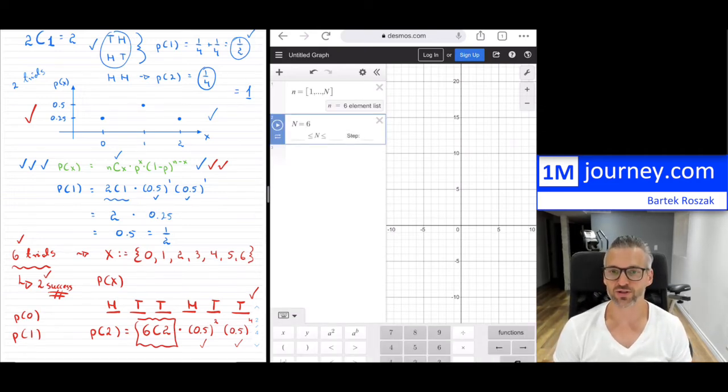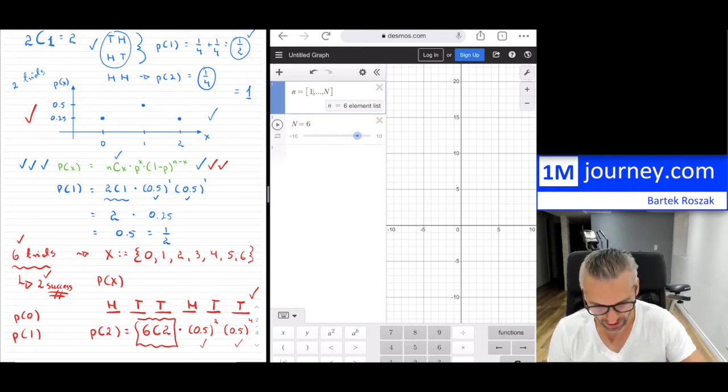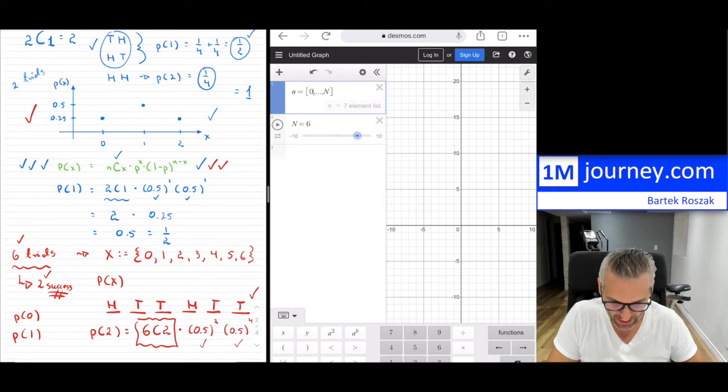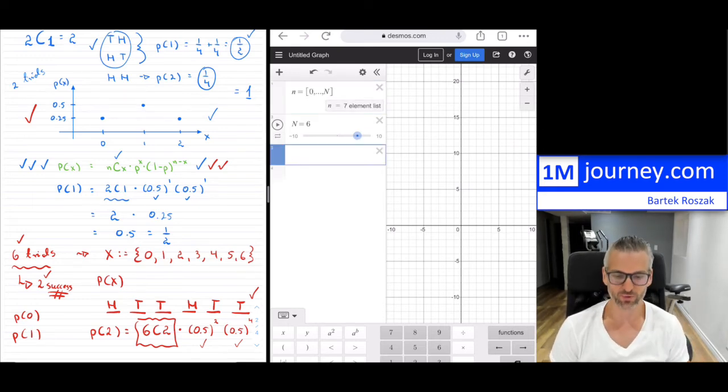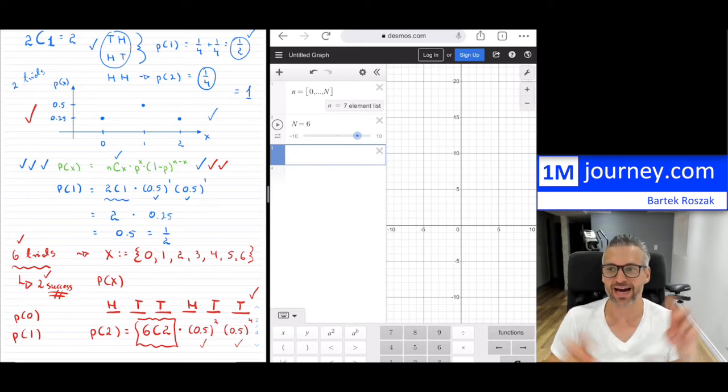So this just gives me 1, 2, 3, 4, 5, 6. Actually, I'm sorry. We have to start from 0 because we have 0 successes within here. So that's what we would have there. So that capital N is the number of trials, right? That's what we would have within.